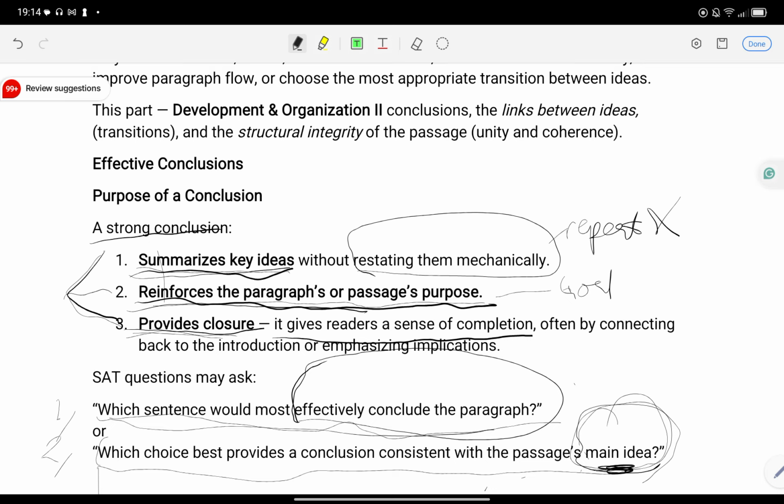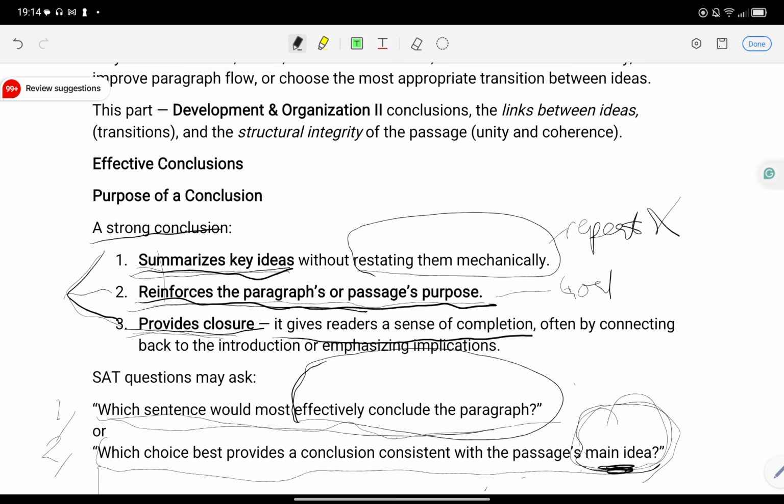If the purpose of the paragraph is to convince, then the conclusion should reinforce that goal of convincing. If it is to explain, the conclusion should reinforce explaining. If it is to inform, I guess that's also obvious. It should reinforce the fact that you're trying to inform.